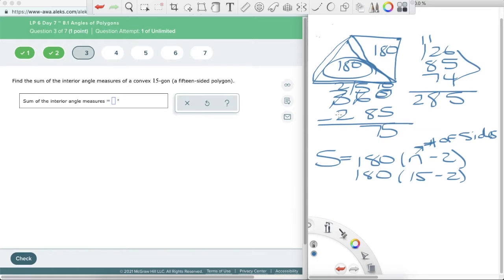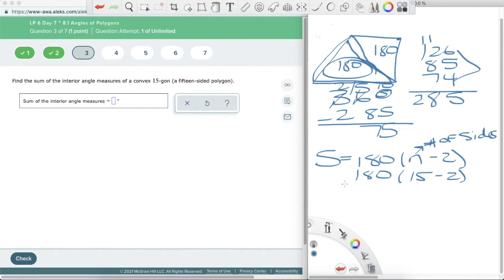So really what we're doing is taking away the first 2 points that made the very first triangle. That's why we're subtracting 2. And after that, as long as we only subtract the 2, it still works correctly throughout the rest of the formula.